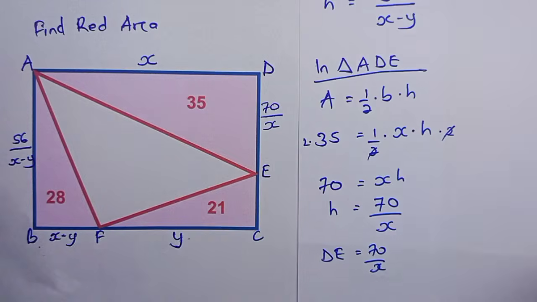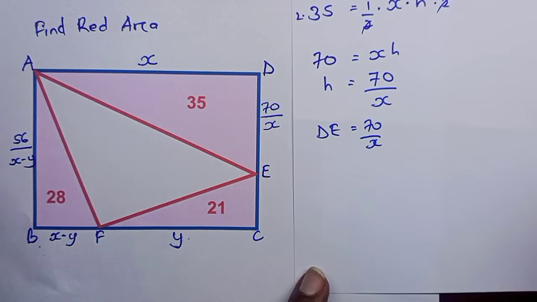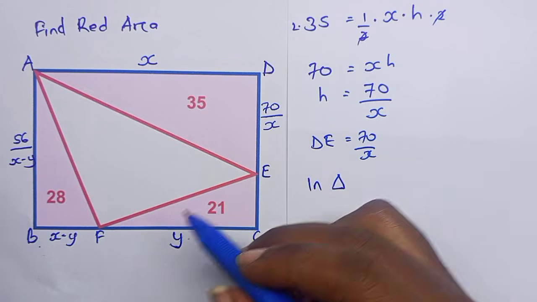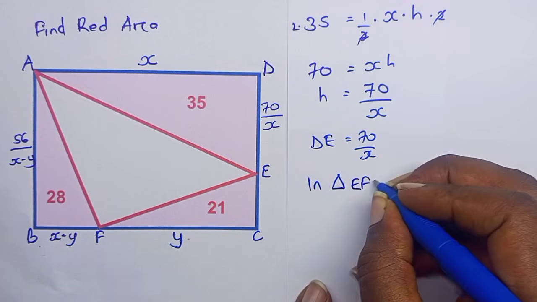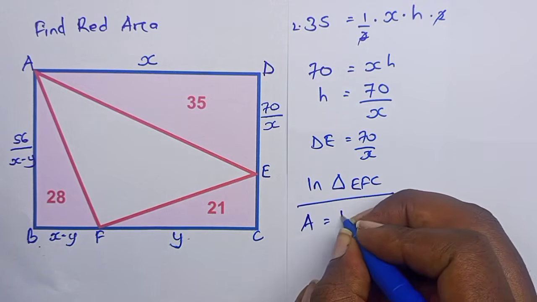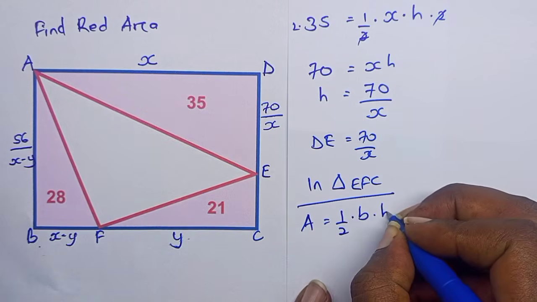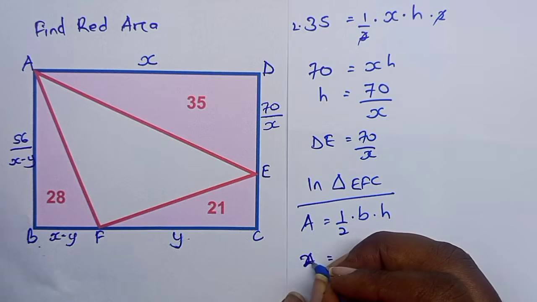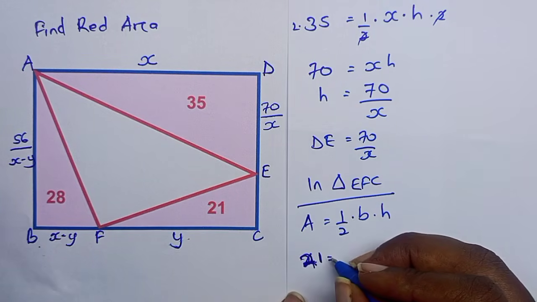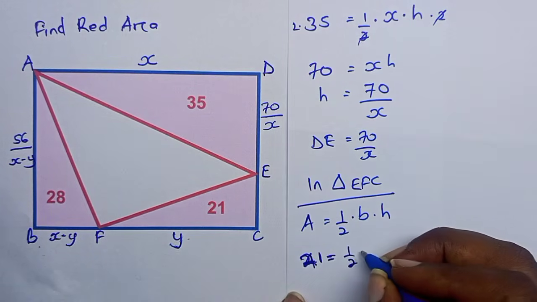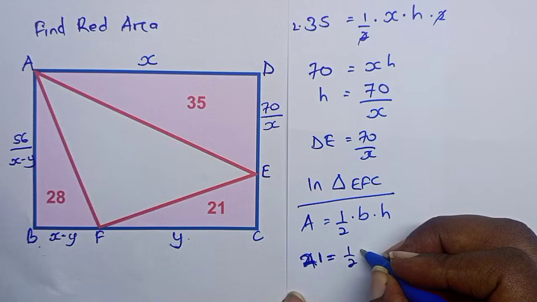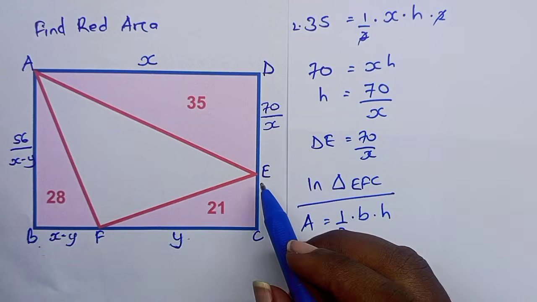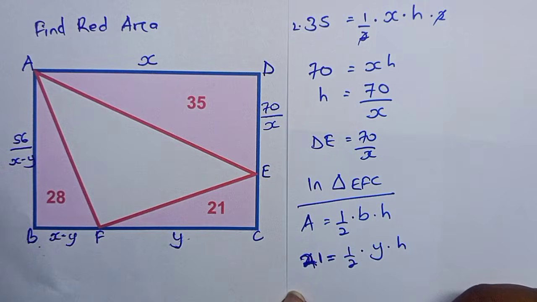Then in this triangle here, in triangle EFC, area is a half times base times height. So we know that the area is 21. So 21 is equal to a half times the base, which is FC, which is y, times the height, which is EC, which we don't have.